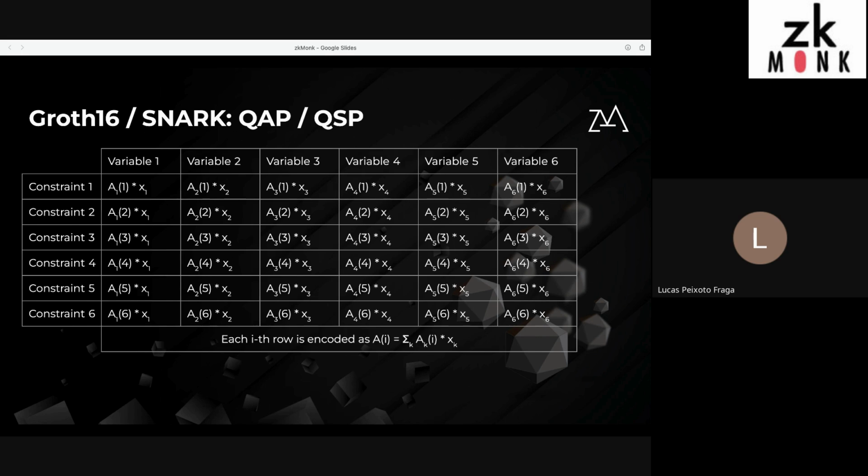The problem is that these values that we query, they are random. So you cannot know beforehand which values you have to query. So you have to compute all values, because you have to query some of them, but you need to be able to open any of them. Right.